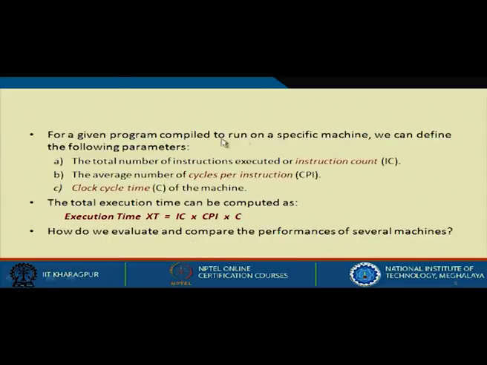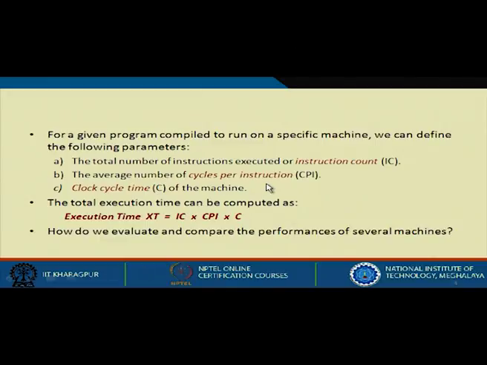So, for a given program compiled to run on a specific machine, we define the following parameters. What are the parameters? The total number of instructions executed, we call it instruction count.